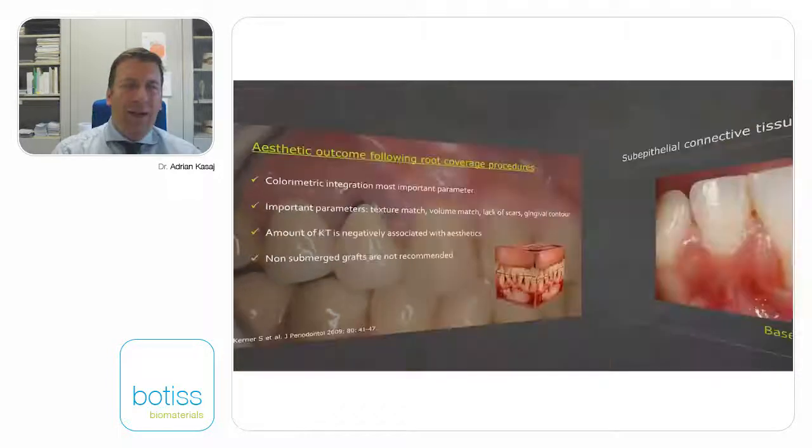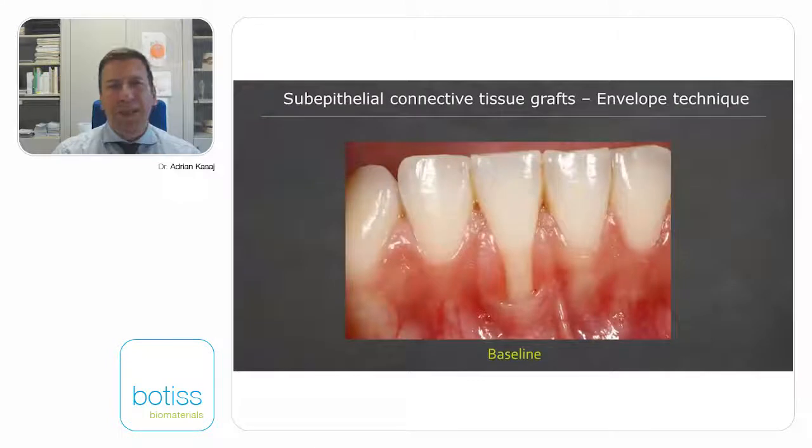So in the mid of the 80s, the connective tissue graft was introduced to periodontal plastic surgery, and the focus was more on complete root coverage and aesthetic outcome. So here you see a Miller class 2 gingival recession in the lower anterior.